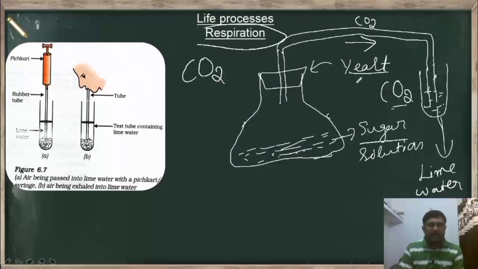In the second activity, the yeast does not use oxygen for respiration. For that reason, this kind of yeast is called an anaerobic organism, and the type of respiration is called anaerobic respiration.